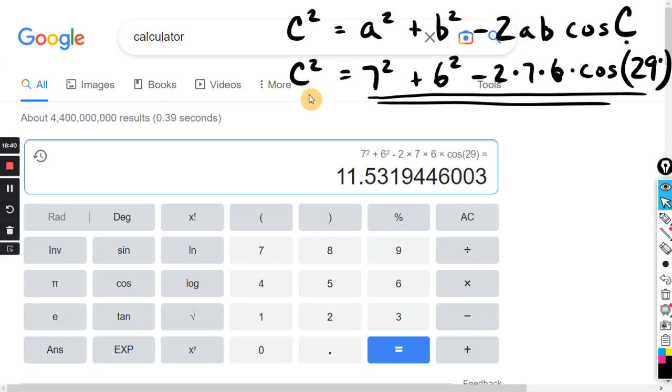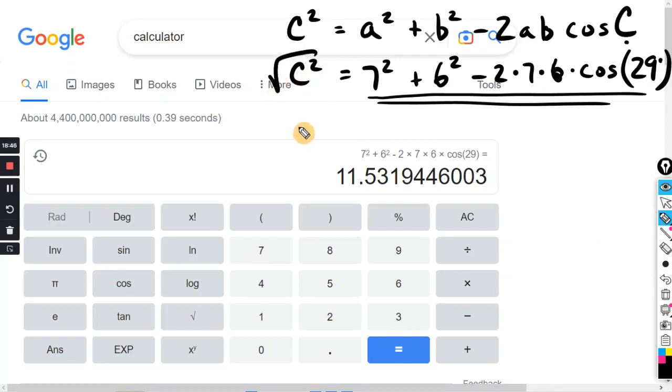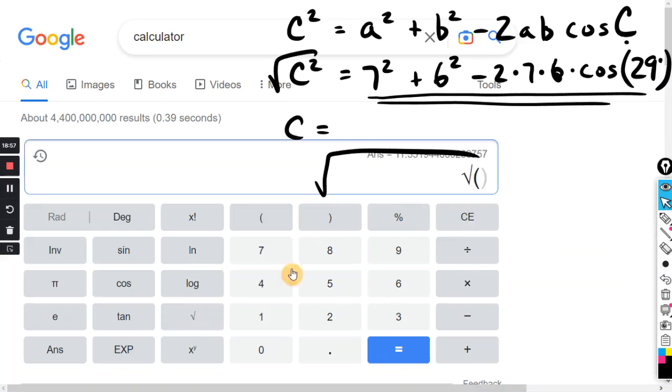The way to solve for C is to take the square root of both sides. All right, so taking the square root of C squared will give you C, and that's going to be the square root of this number right here. So I'm just going to take my answer, leave it there, and click the square root button, and ANS is the previous answer.